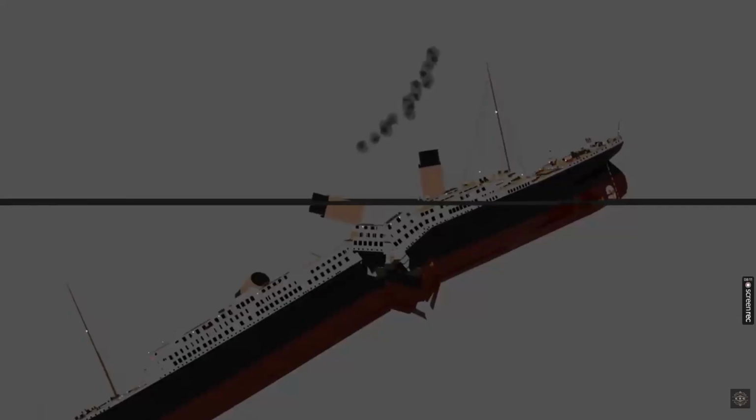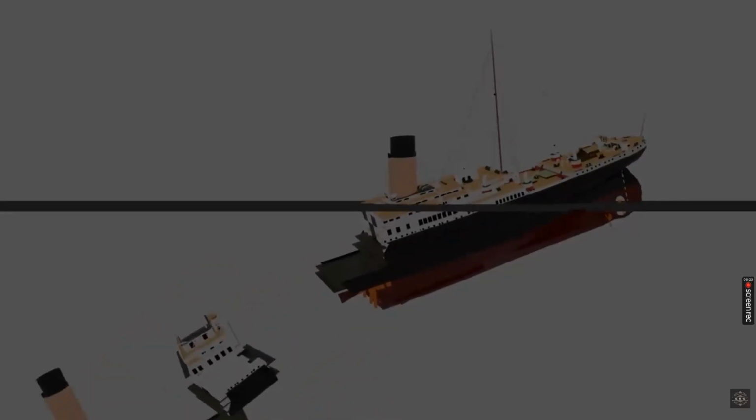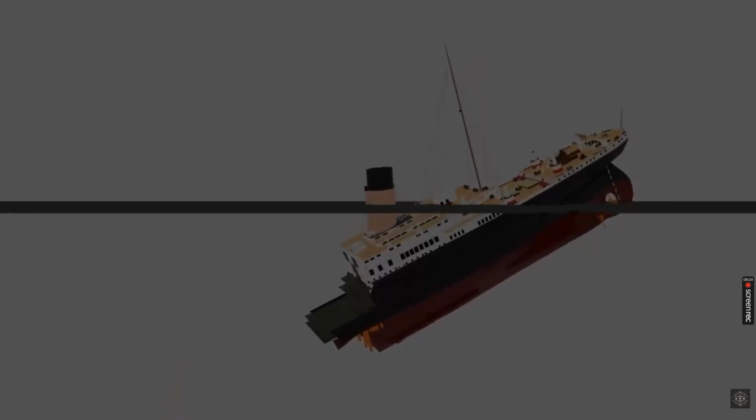A lot more segments were broken off as the bow goes under, as well as the engine room being exposed from the entire break. Then the fourth funnel collapses backward, and the rest is history.